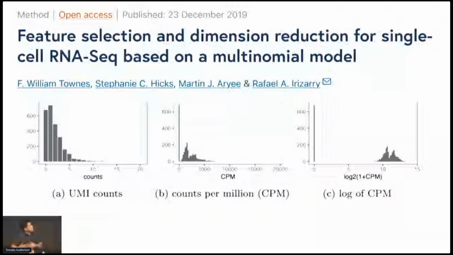A couple of years passed, and more people realized that log transformation may not be a good idea. In one of the papers I show here, when we do the log transformation on a normalized measurement, excess zero inflation is introduced to the data set.